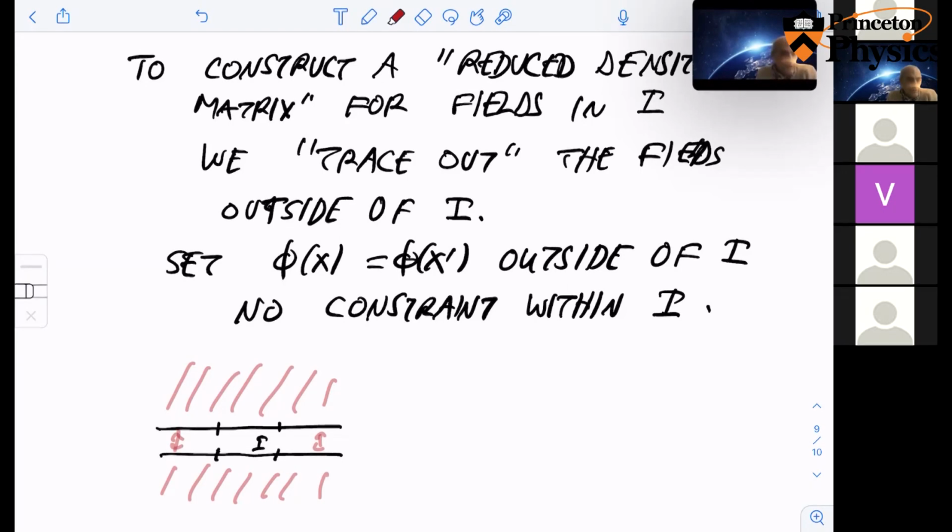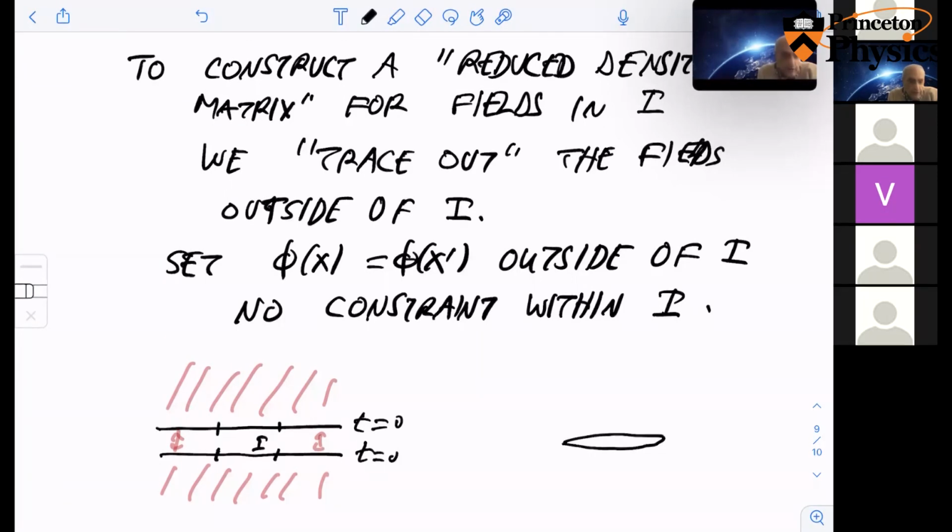Gluing together means setting phi of x equal to phi of x prime. The reason that I drew separately 2 copies of the time zero surface is that we were allowing different boundary values coming from above or coming from below. But to construct a density matrix only in region I, we want to allow separate values in the bra and ket only in region I, not in the region outside region I. So if I glue together the regions outside of region I, I'll get a picture that will look more like this one.